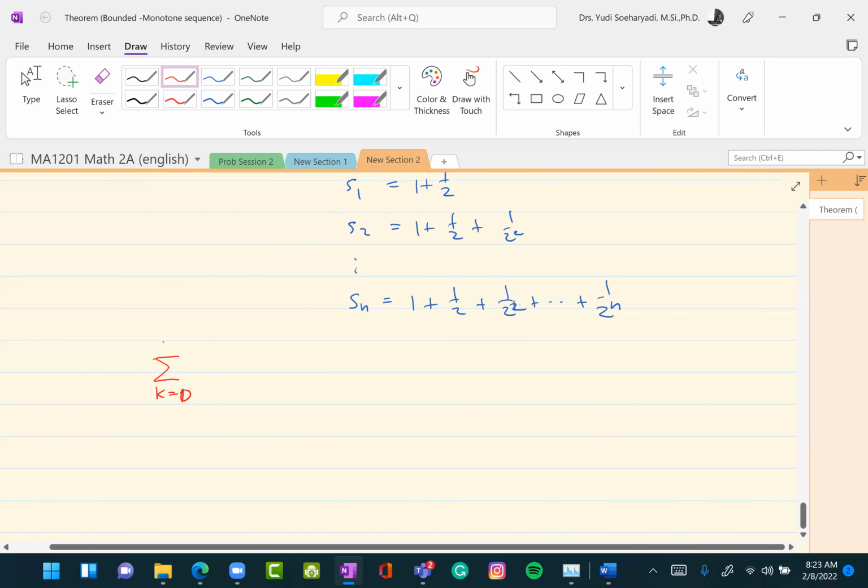The sum of r to the power of k from 0 is this formula that we computed earlier.